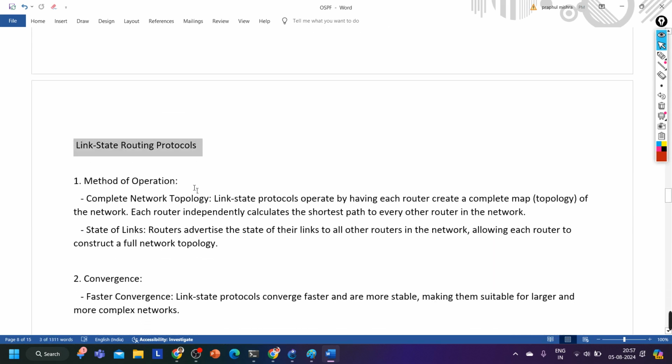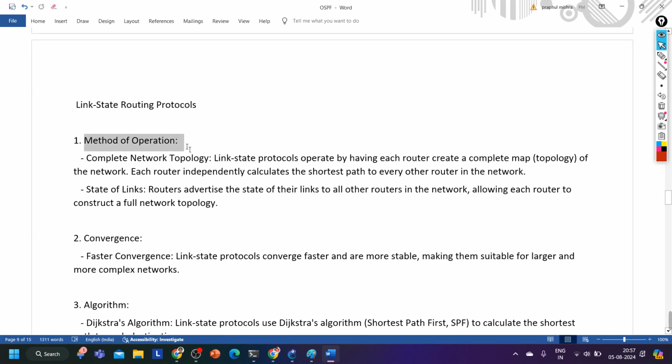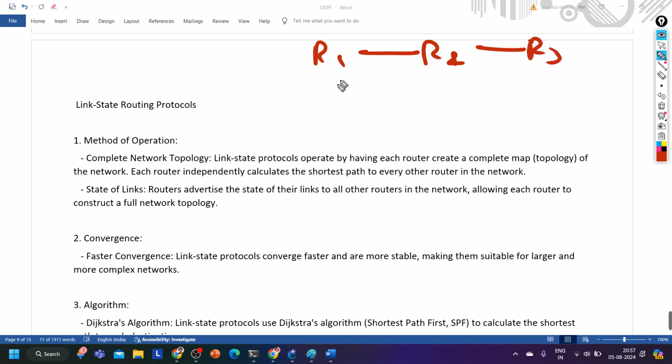Now the link state routing protocol. Talking about the method of operation, all routers have the complete network topology. Link state protocols operate by having each router create a complete map. Simply, I can draw a diagram like this: R1, R2 and R3, with one LAN on each.